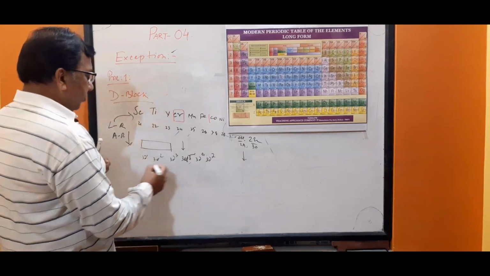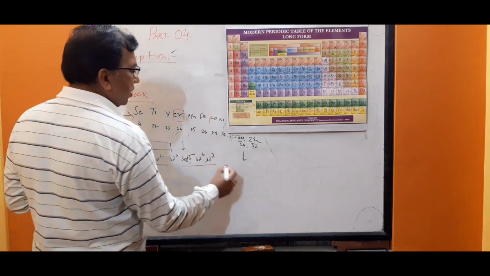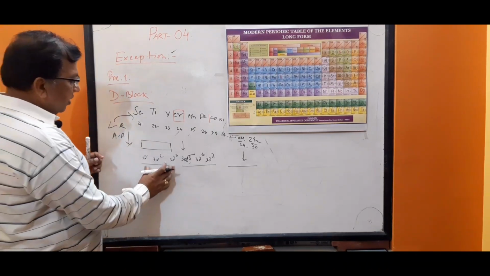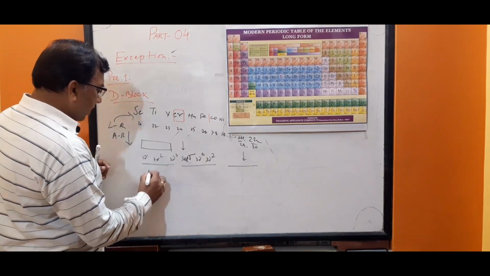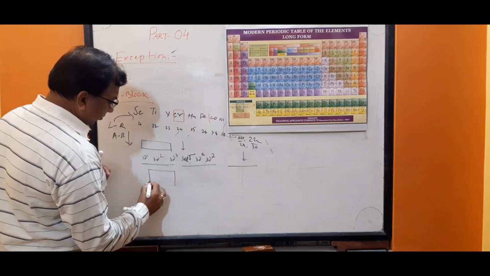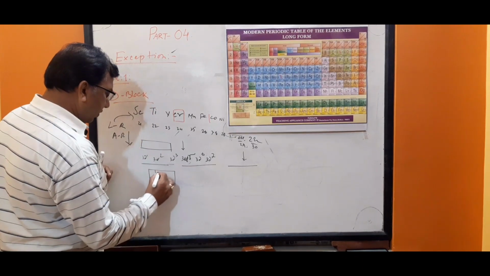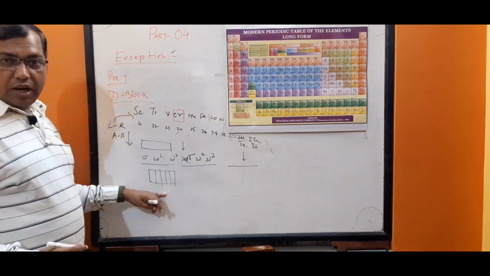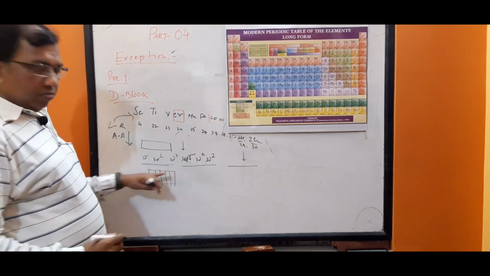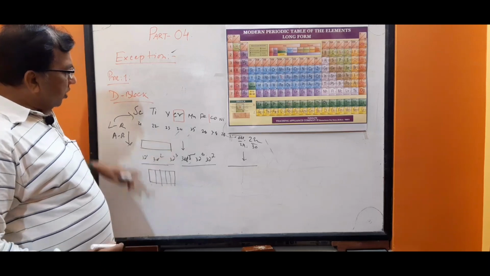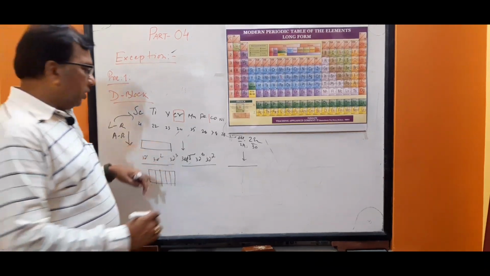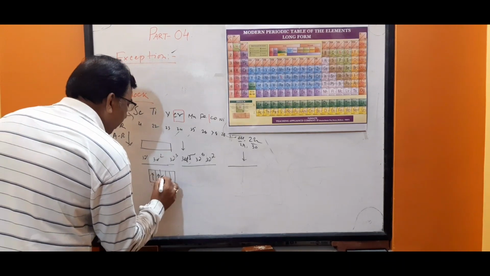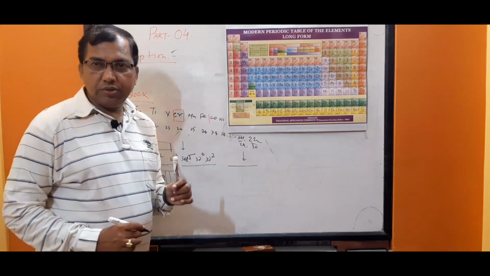In this one, this and this, what is happening out here? See, in d there are 5 orbitals, 1, 2, 3, 4, 5. Out here, if you configure the electrons, then what we will see is that there are 3 outermost electrons.